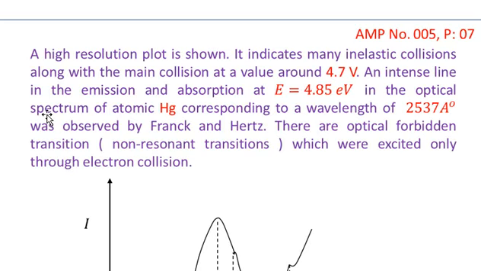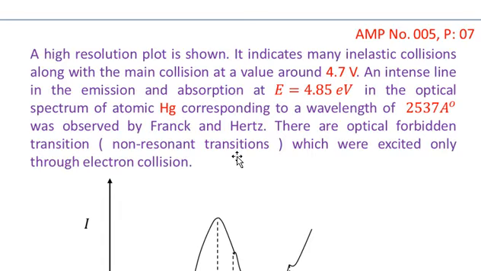An intense line in the emission and absorption occurs at E equal to 4.85 electron volt. So at 4.85 electron volt in the optical spectrum of the atomic mercury, corresponding to a wavelength of 2537 angstrom, was observed by Franck and Hertz. There are optically forbidden transitions, that is, the non-resonant transitions also exist over there, which will not decay optically.